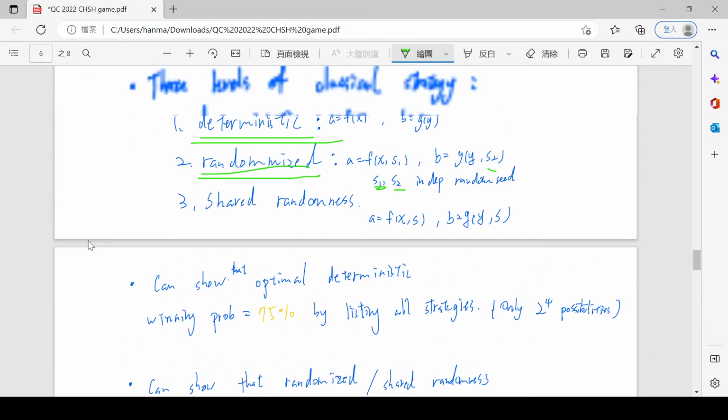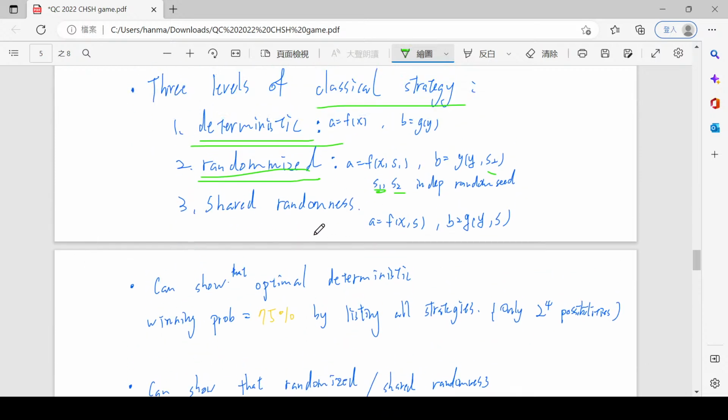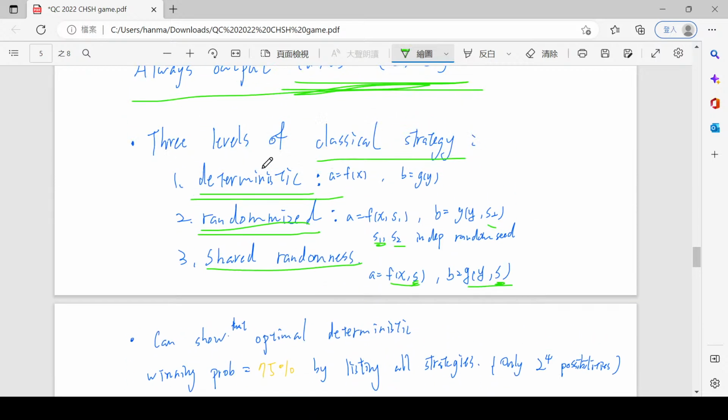And finally, Alice and Bob can share randomness, as we say. So Alice and Bob will do some randomized strategy, and they have this random seed that's shared. And so the proof kind of goes from this level up.